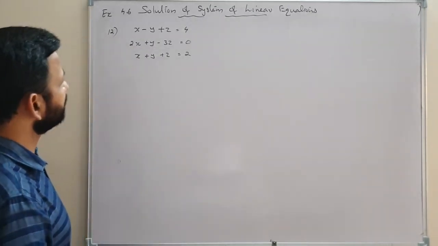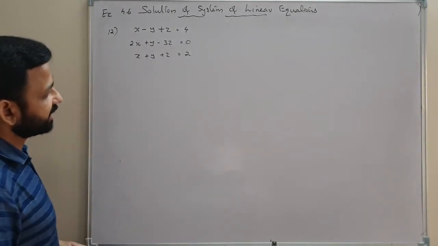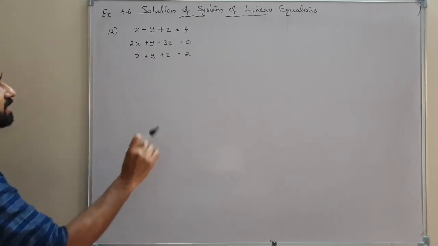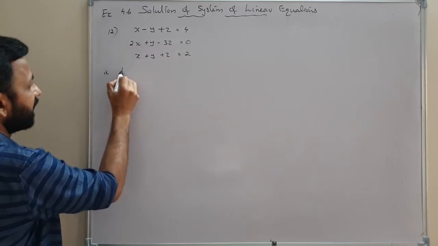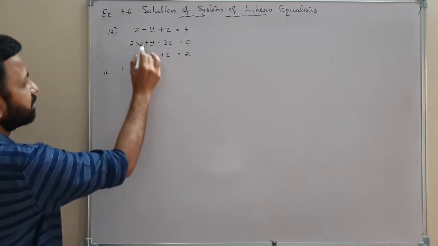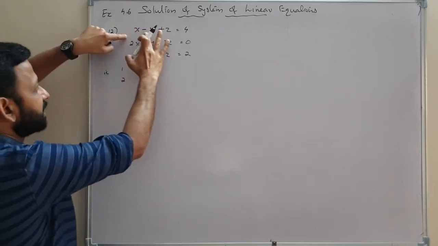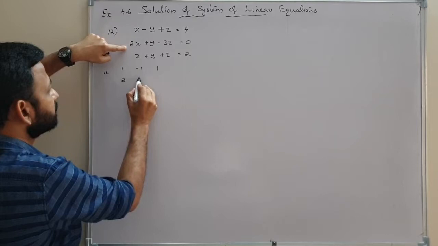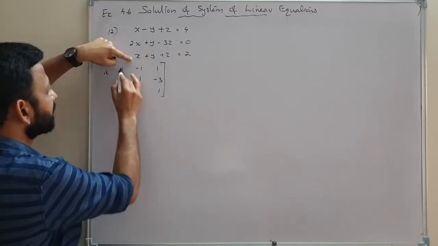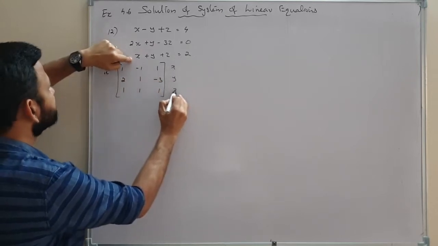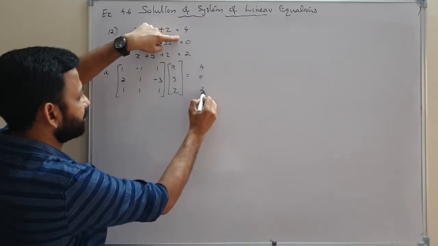We need to find the values of x, y and z by using the matrix method. So first we are going to convert this into a matrix equation, that is AX equal to B. Write the coefficients of the variables: A is 1 minus 1 1, 2 1 minus 3, 1 1 1, into X which is x y z, equal to B which is 4 0 2.